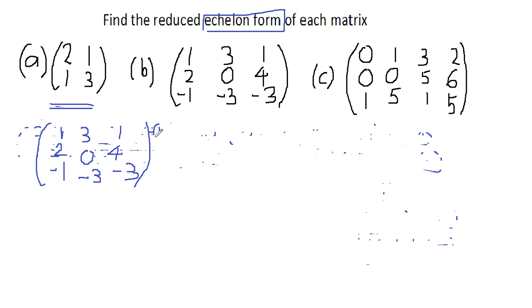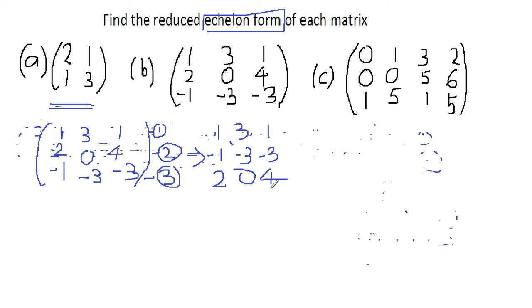This is row 1, this is row 2, this is row 3. Swapping row 2 with row 3 gives me first 1, 3, 1, then minus 1, minus 3, minus 3, then 2, 0, and 4.